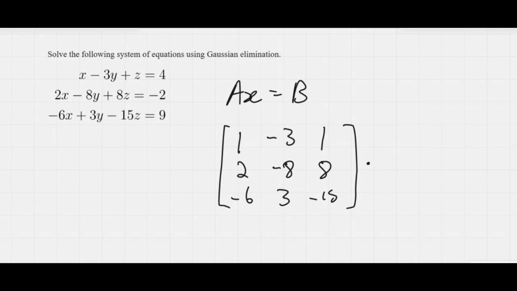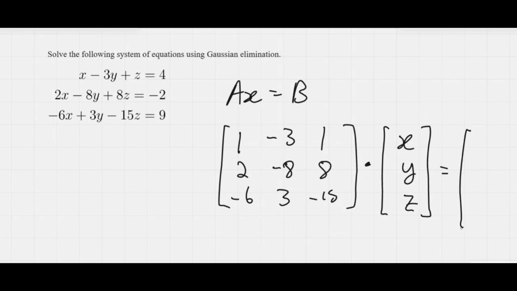We can multiply that by this second matrix, which is just going to contain x, y, and z. Because if you remember, we're multiplying the rows of matrix A by the column of matrix x, and that works out to be the dot product of these two vectors, and that's going to be equal to a solution matrix, which is going to be 4, negative 2, 9.